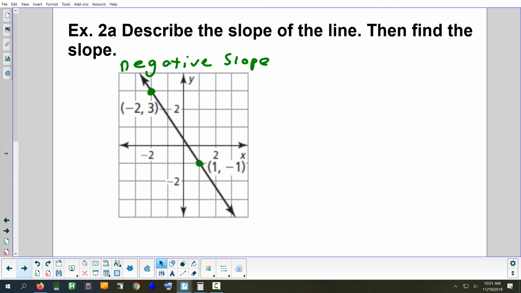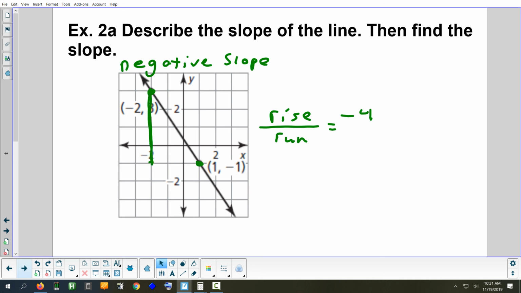How many down do I have to go? 1, 2, 3, 4. Now I went down 4. When you go down, what kind of number is your rise? Negative. Down 4.